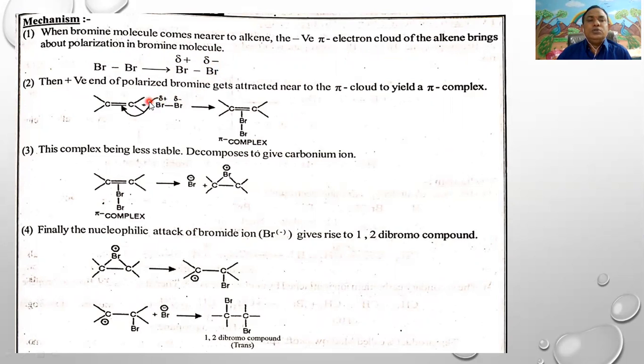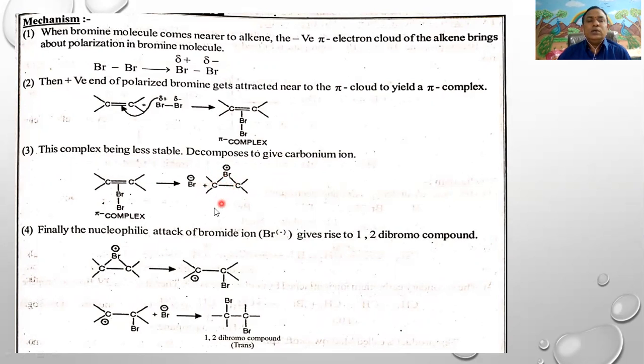First, the partially positive bromine atom attacks the double bonded carbon. It gives the pi complex, which is less stable and decomposes to give a carbonium ion, which forms a cyclic bromonium ion as an intermediate product.